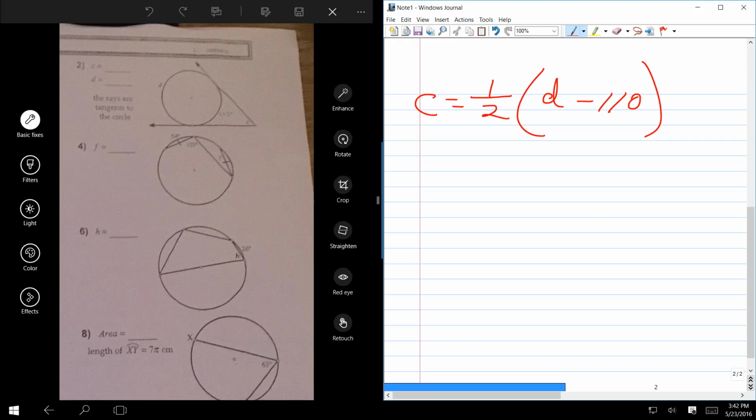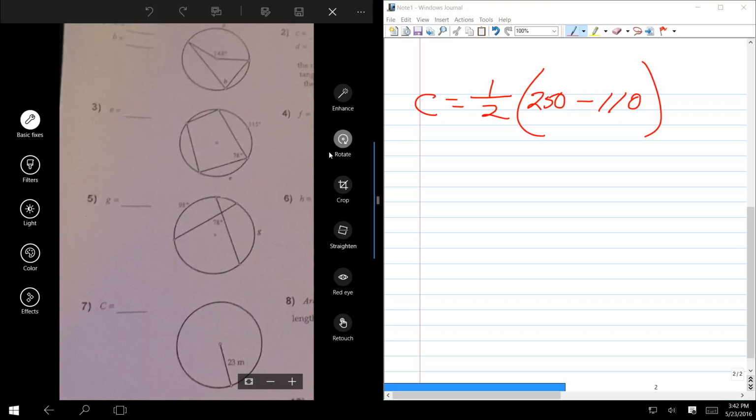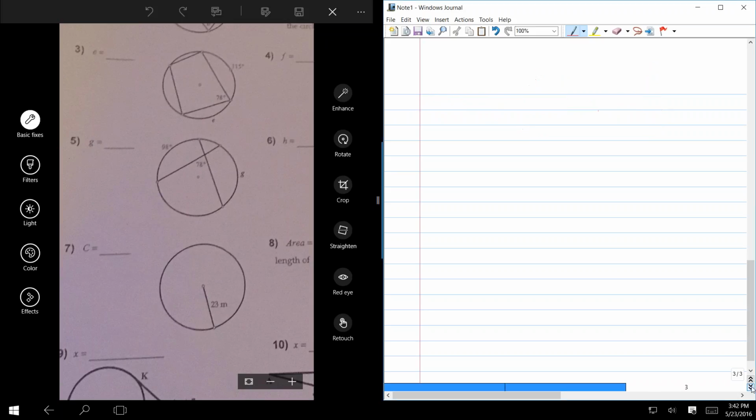How much? 250? Yeah. In other words, you know that the sum of those is one full circle. So we know what D is. It has to be 250. All right. Equals 125. Don't care so much about the answer as I do the general equation.